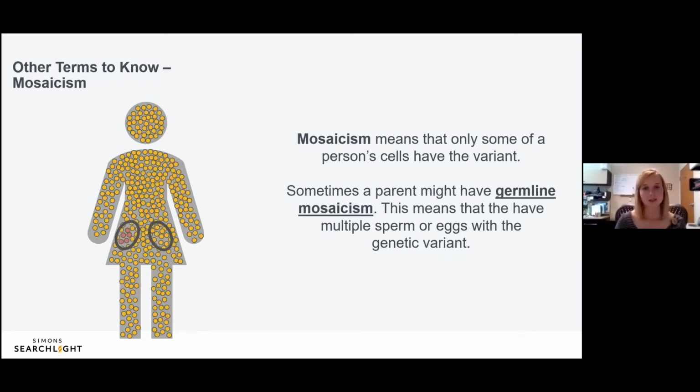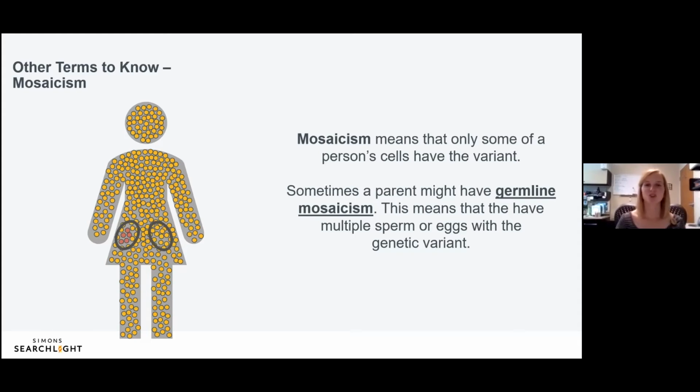This is different from something else you may read about called germline mosaicism. Germline mosaicism is when some of a woman's eggs or some of a man's sperm carries the specific gene change, while the rest of their body does not.